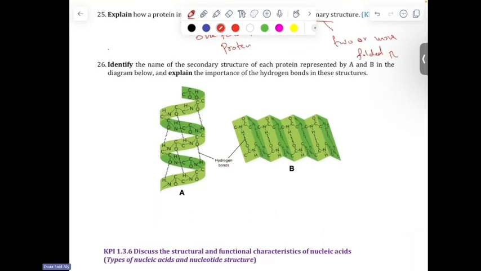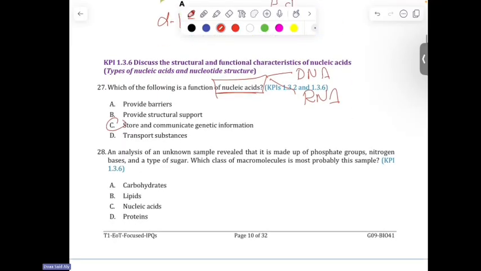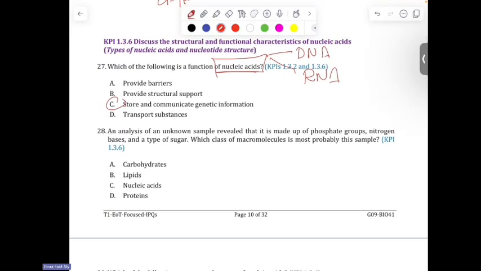Here you have to identify them. This one is the alpha helix and this one is the beta sheet. Okay, you know the difference between them. They are asking you which of the following is the function of the nucleic acid. Nucleic acids like the DNA and the RNA, both of them store and communicate the genetic information. An analysis of an unknown sample.